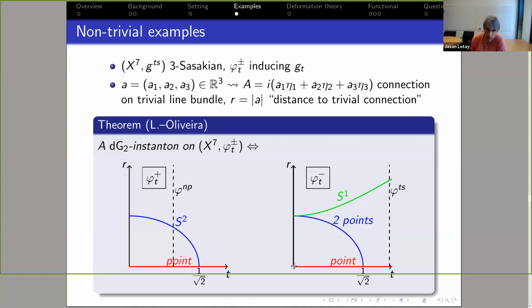If you look for just G2 instantons on the trivial line bundle, then you won't find any except for the trivial one, except at this value. At this value, you find a family of usual G2 instantons, which are not DG2 instantons. That's the only thing that I know about that point.